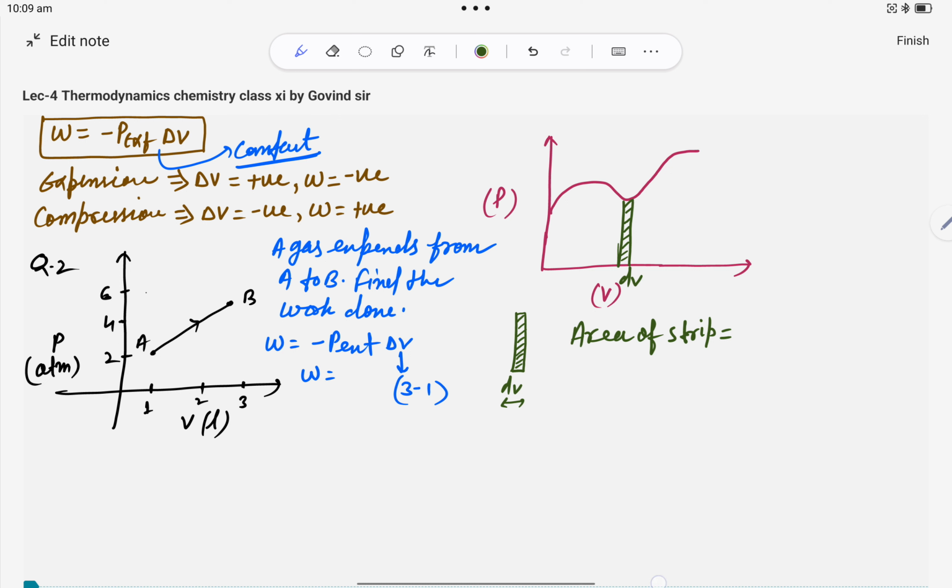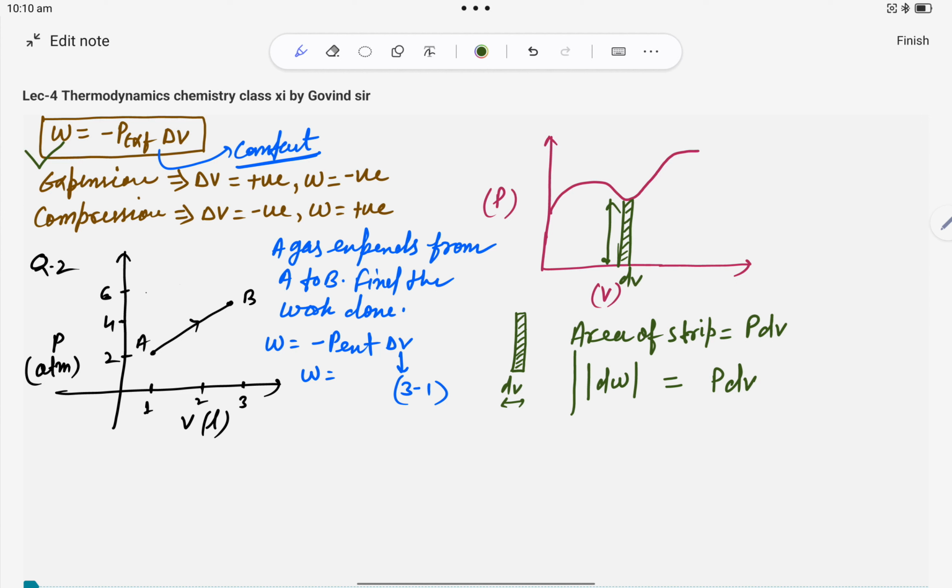Area of strip is length into breadth. So this is your length, and this is pressure. So P dV, and P dV is what, children? P dV is this work. So for a small strip, dW is equal to mod P dV, because minus sign is there, that's why I am using mod.